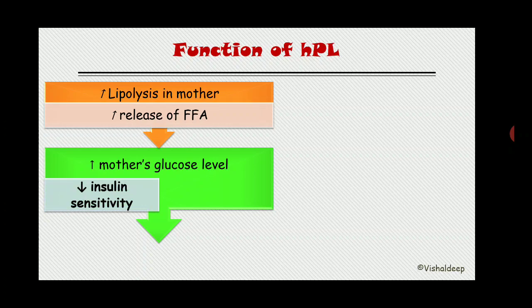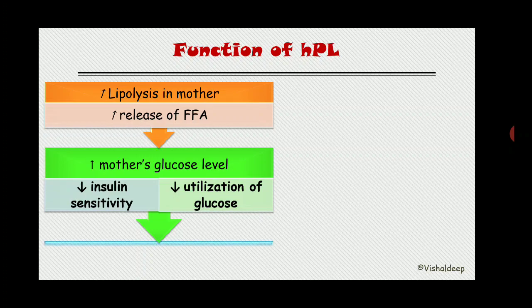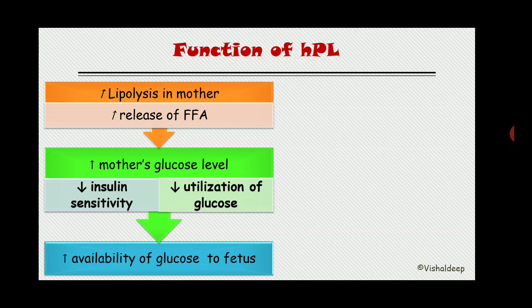Now this decreased insulin sensitivity is also contributed to by higher amounts of estrogen and progesterone. And decreasing the insulin sensitivity ultimately decreases the utilization of glucose by the mother and makes sure that more glucose is available for the fetus. That's why it is known as the growth hormone of pregnancy.